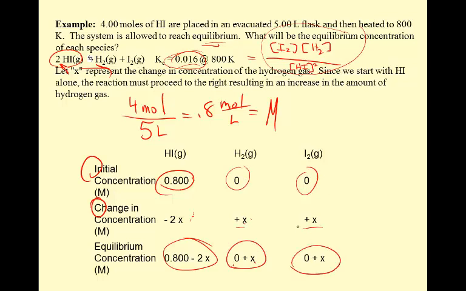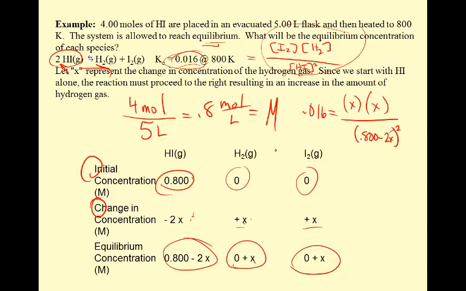Initial, change, equilibrium. So to figure out what the concentrations are, we have to plug them in. 0.016 is going to be equal to the concentration of I2, x. Concentration of H2 is x. I'm just plugging them here. And divided by 0.800 minus 2x. Wait a second, we have to square that.